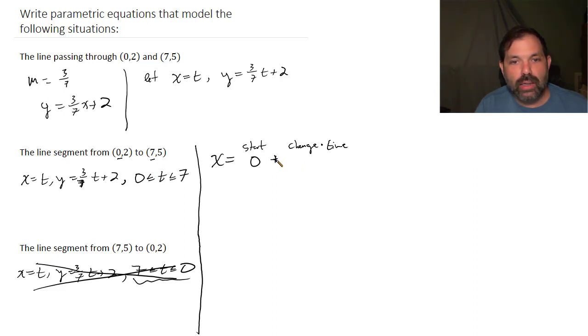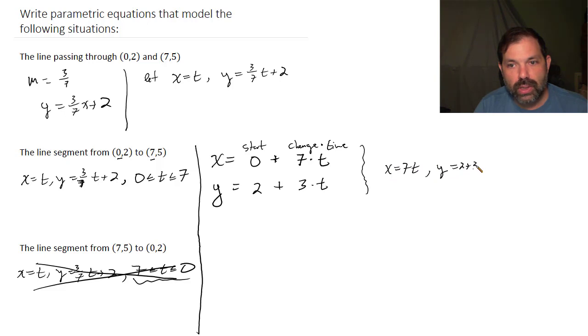So I'm going to have the x start at 0 and change by 7 over time. Similarly, I'm going to have the y start at 2 and change by 3 over time. The only thing here is I have to tell the time where to go. So let's simplify this a little bit. Then the x is 7t and the y is 2 plus 3t.